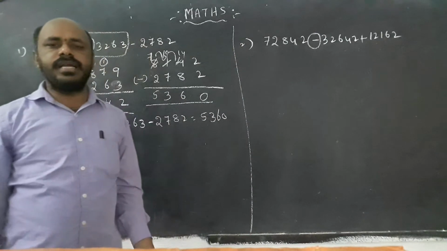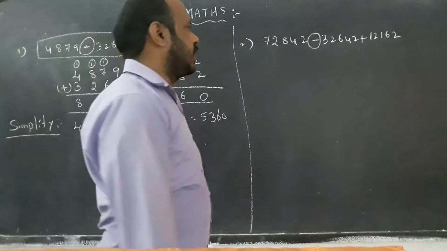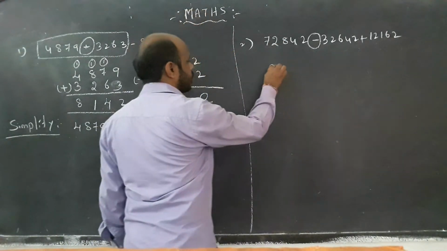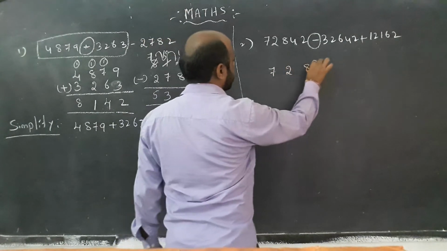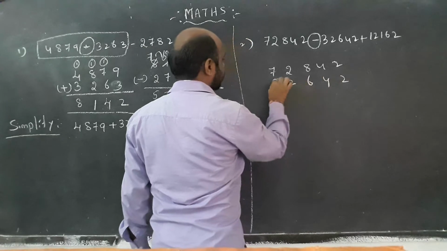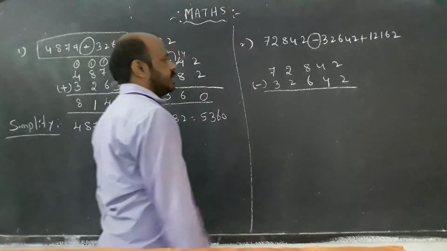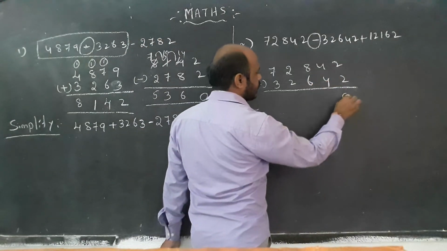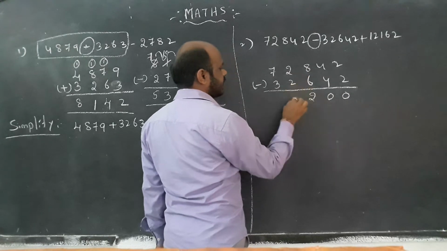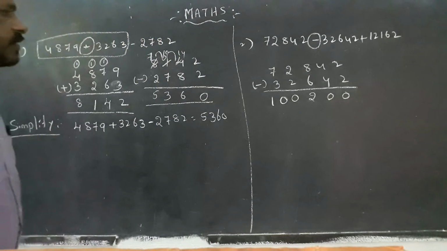Minus symbol means we have to do subtraction between the first two numbers, 72,842 and 32,642. Then see here: 2 minus 2 is 0, 4 minus 4 is 0, 8 minus 6 is 2, 3 minus 3 is 0, 7 minus 3 is 4. How much did we get in this one?